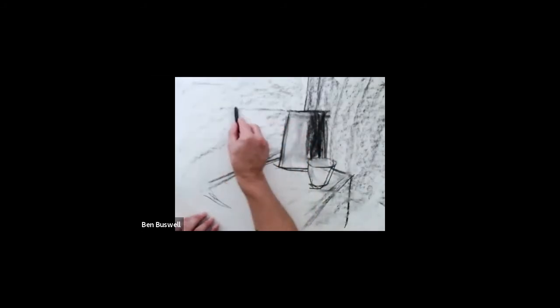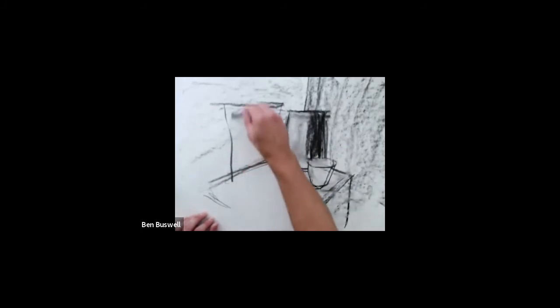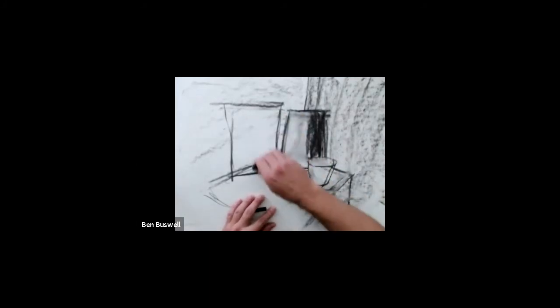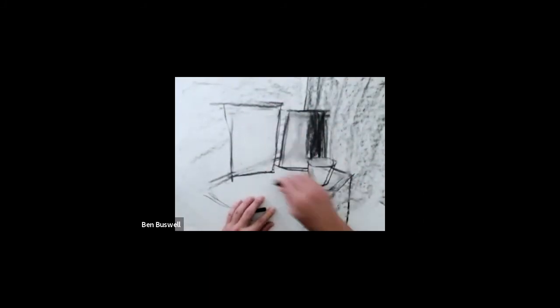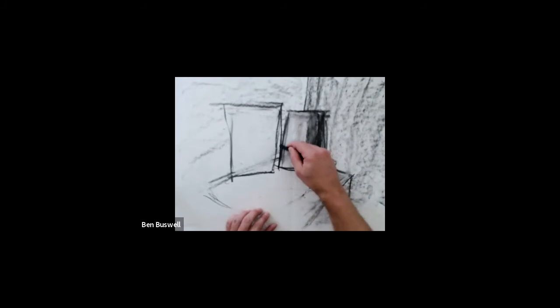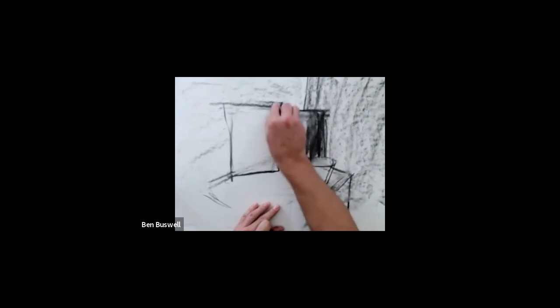So here's my weird piece of paper that has the folds in it. And again, I'm just setting it in space, looking at the negative space here and realizing that it actually comes down and overlaps the bucket a little bit. And again, I can come in right now.